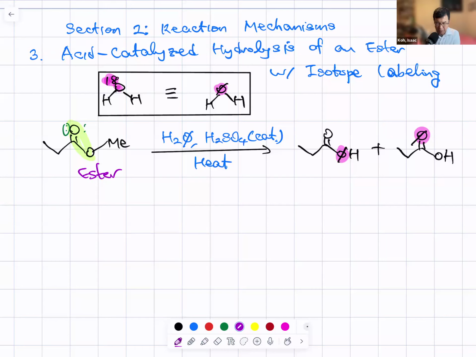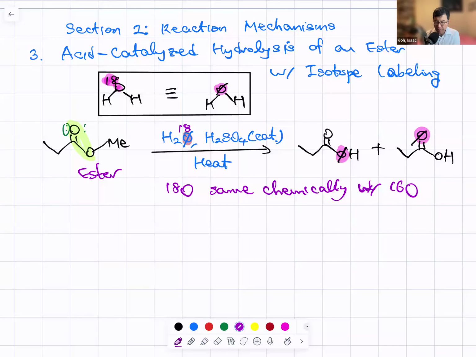and ethyl ester. And here water is this one, with oxygen-18. Remember, oxygen-18 acts the same chemically as oxygen-16.